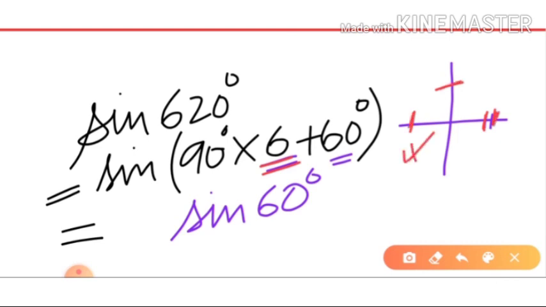That means it will fall in the third quadrant, and we know the third quadrant is positive only for tan, so that means the answer will be negative here. So minus sine 60, and we know minus sine 60 is minus root 3 by 2. This way we can find different values of different trigonometric ratios. Next we will learn how to go for the geometrical interpretation of different angles.